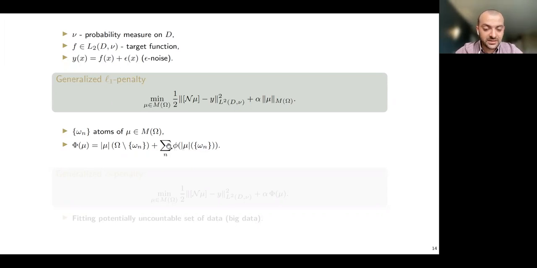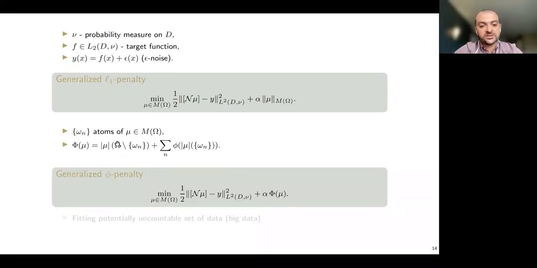So on the atomic parts, you apply the phi norm, and on the continuous part, you simply take the regular total variation norm.